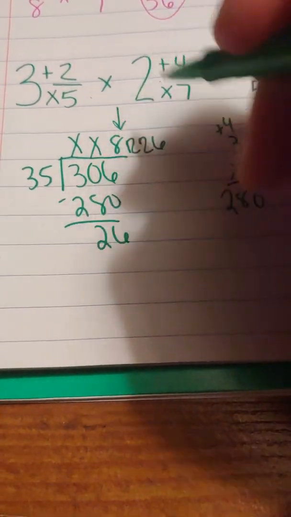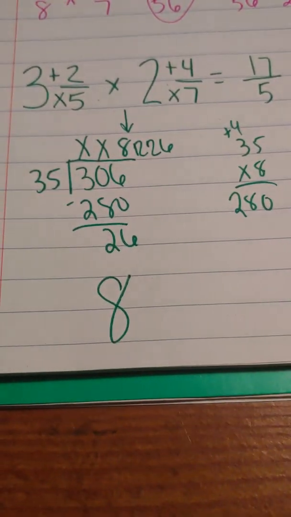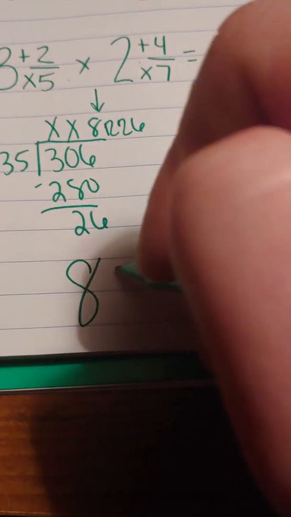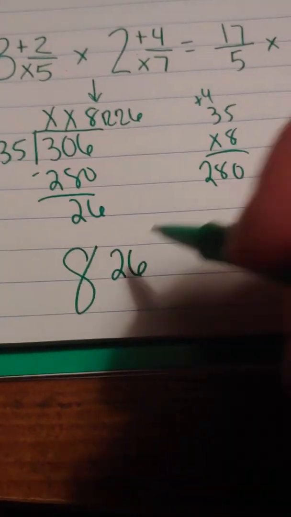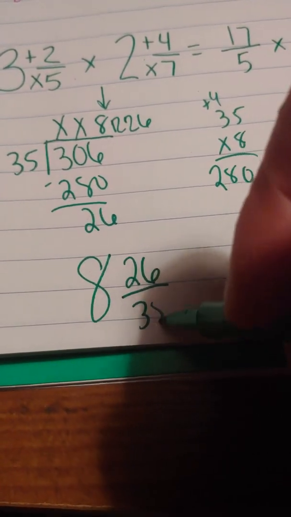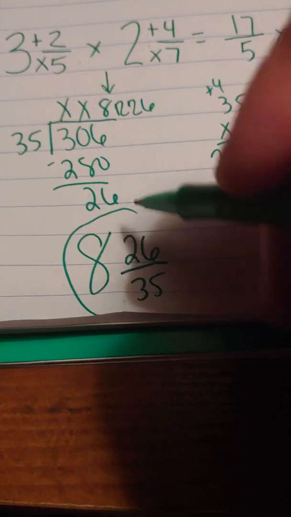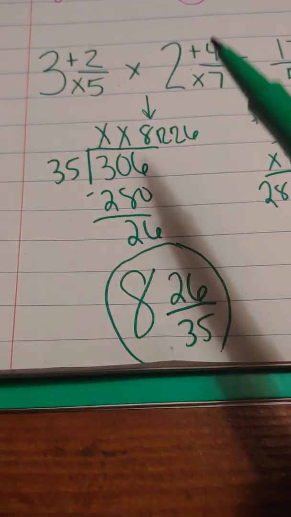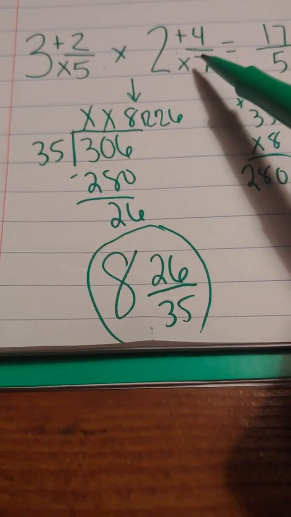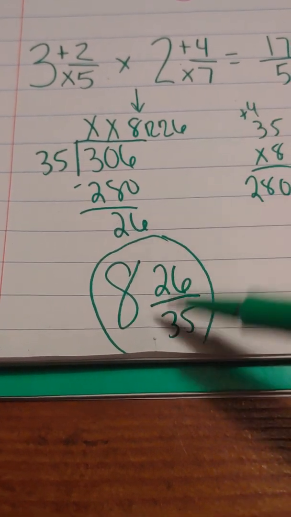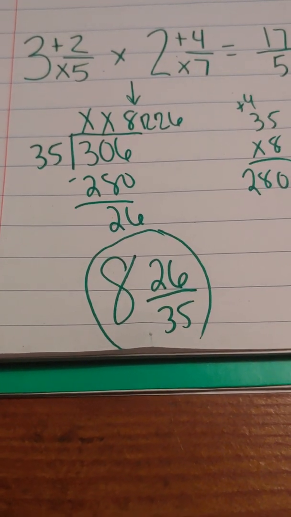So it went in a total of 8 total times with 26 left over out of 35. So we just figured out the product of 3 and 2/5 times 2 and 4/7 is 8 and 26 35ths.